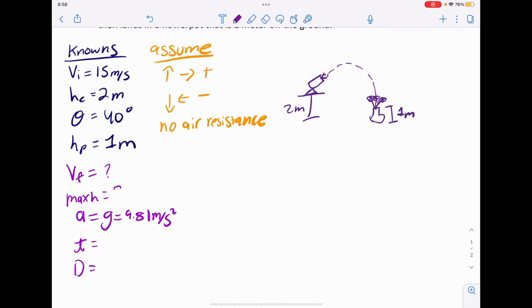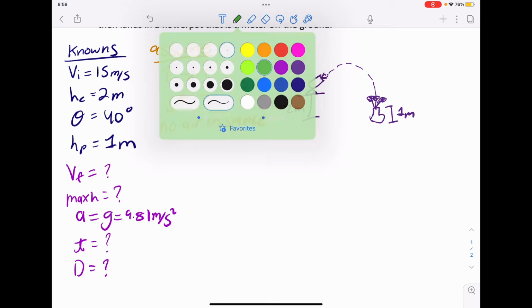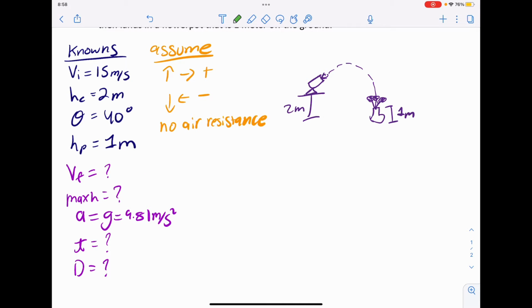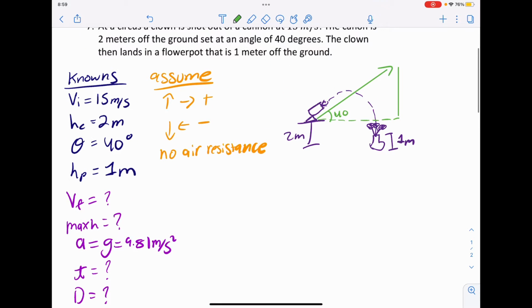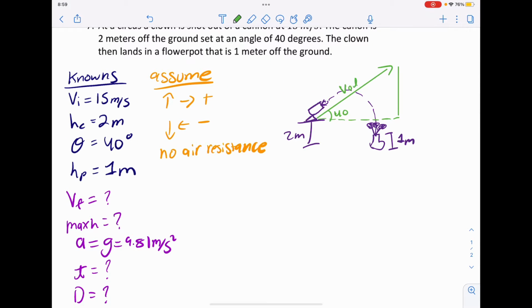Let's go ahead and do our triangle. I'm going to do the triangle on top of the drawing. So we're being shot out at an angle of 40 degrees from the horizontal, right? This is 40 degrees. That means that this is V naught T. Then our half AT squared has to go to where we ended.